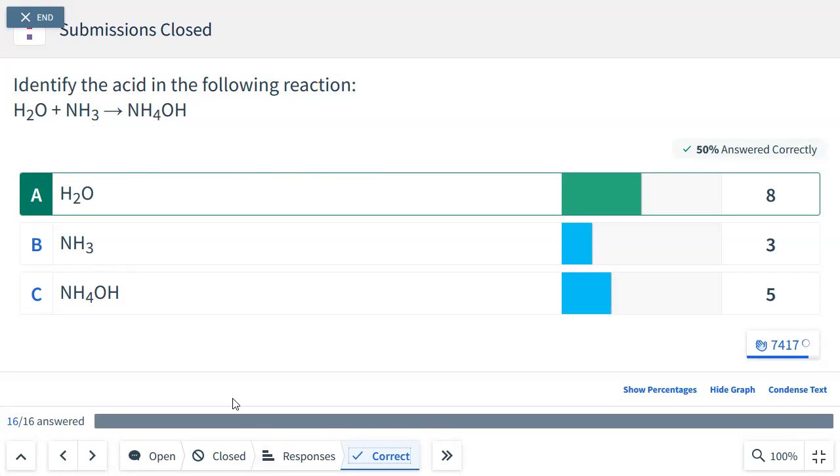So when we are identifying acids and bases based on reaction and reactivity, that's what we need to do. We need to follow the hydrogen. What is the hydrogen doing? Who's gaining hydrogen? Who's losing hydrogen? And if we can do that, we should keep it straight in terms of what's an acid and what is a base.